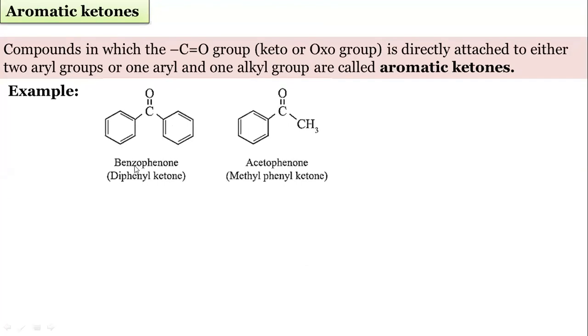The name is benzophenone, or the common name is diphenyl ketone. In this another example you can see the CO may be attached to one Ar group and one R group. So for aromatic ketones, one important condition is the CO should be attached to the benzene ring, and the other group may be R. It is accepted. Only one group should be aromatic. So this is the main condition for the aromatic ketones.